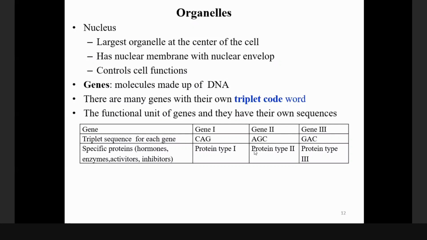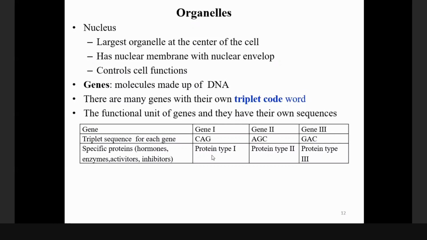You can have gene 3 with a different sequence, so different genes have different sequences of triplet code words, and different genes are involved in the synthesis of different proteins.